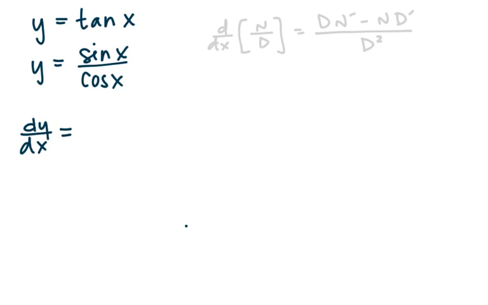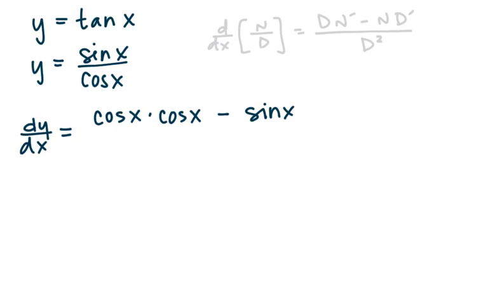So here we have to use the quotient rule, and we're going to have cosine x times the derivative with respect to x of sine x, and we know the derivative of sine is cosine. So times cosine x minus the numerator, which is sine x, times the derivative of the denominator.